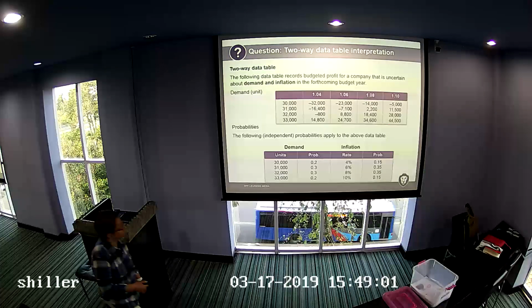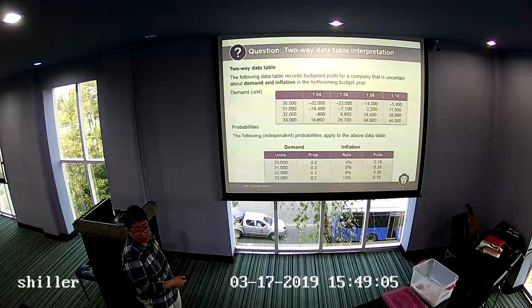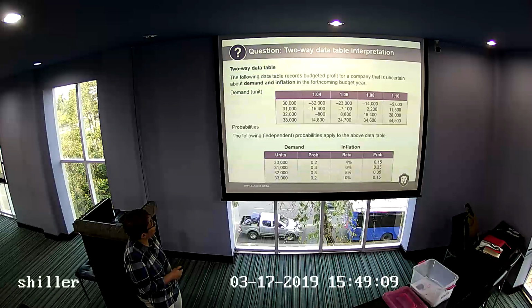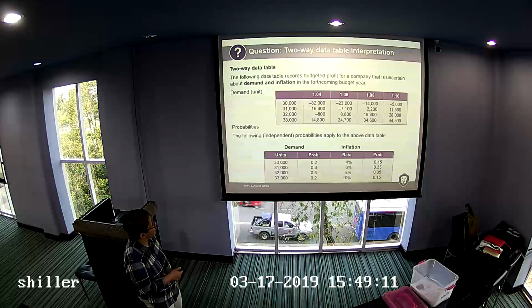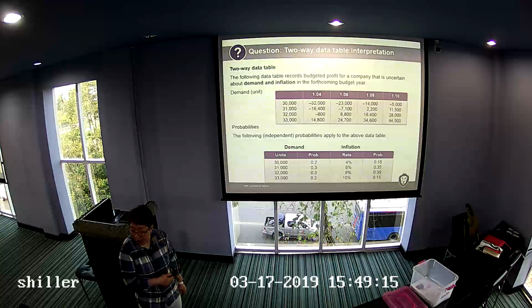So, first and foremost, if you interpret the data, what is the maximum profit that they can actually get? Maximum is 44, correct? The minimum is a loss of what? No, that is not the biggest loss. What is the biggest loss? 32 is the biggest loss.